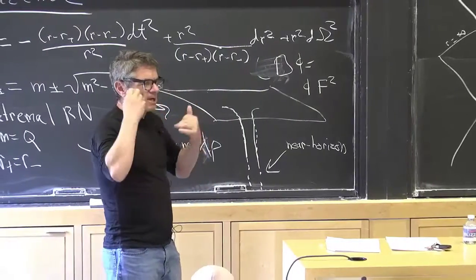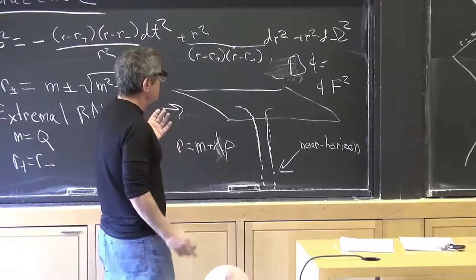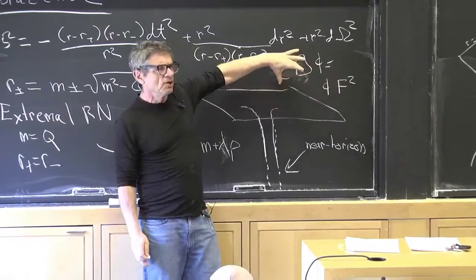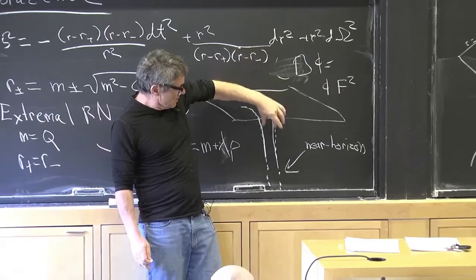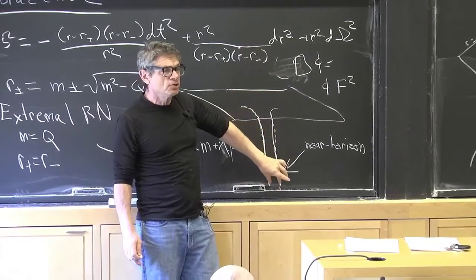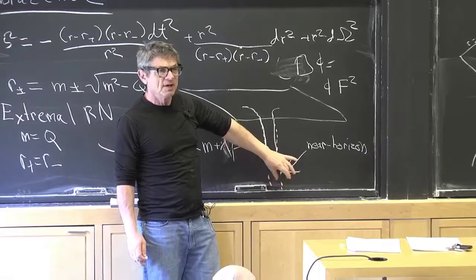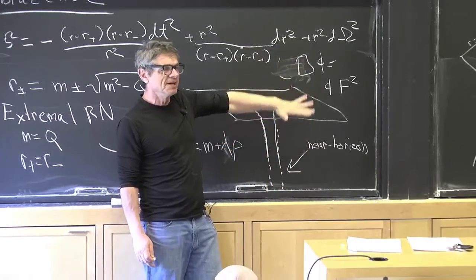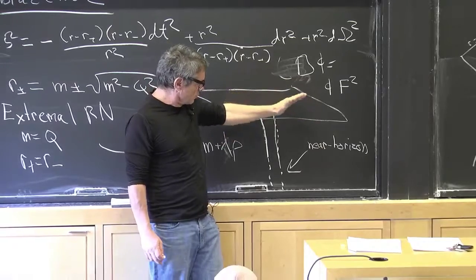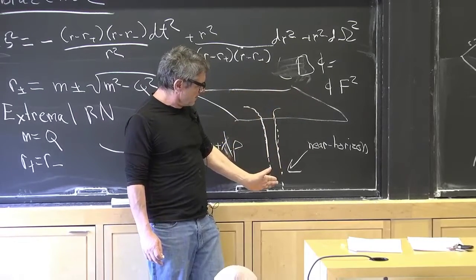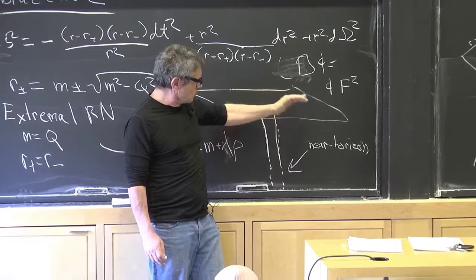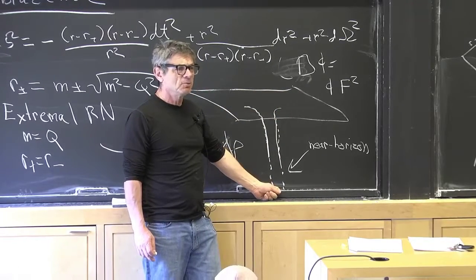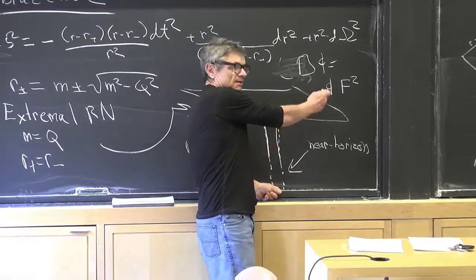Now, I'm not going to try to make a completely general statement here, but what tends to happen is that even in those situations, the scalar field will be driven to an attractive fixed point down here. You can start with different values of the scalar field at infinity, and it will be driven to that fixed point independently of how you start out.